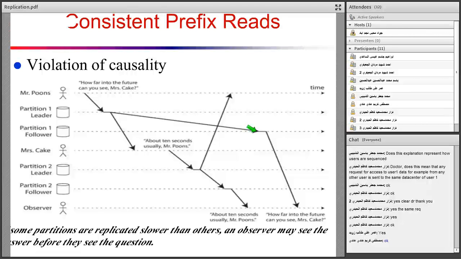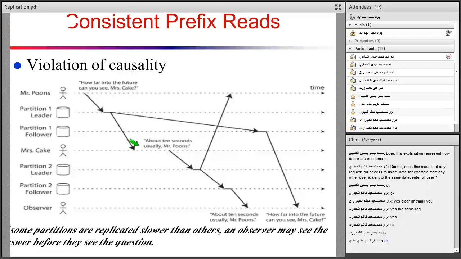Also, this message is sent to Mrs. Cake, and Mrs. Cake replies to this question. The response of Mrs. Cake takes about 10 seconds, usually.